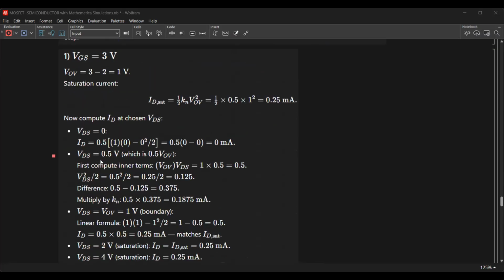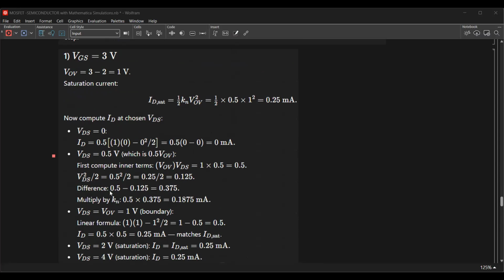Okay, so if VDS is equal to 0.5, first compute the inner terms here. So VOV times VDS is 1 times 0.5 here. The square of VDS divided by 2 is equal to 0.5 squared divided by 2, equal to 0.125.